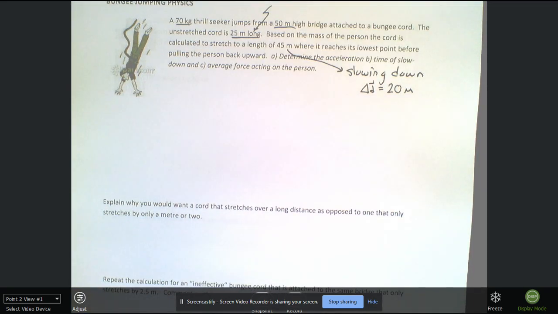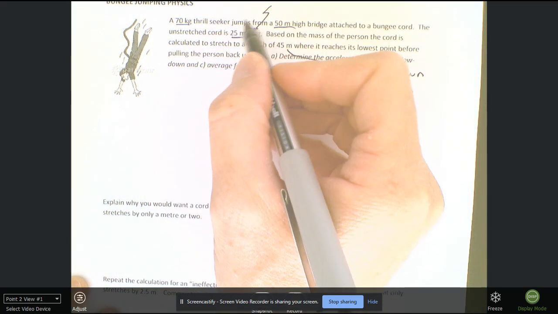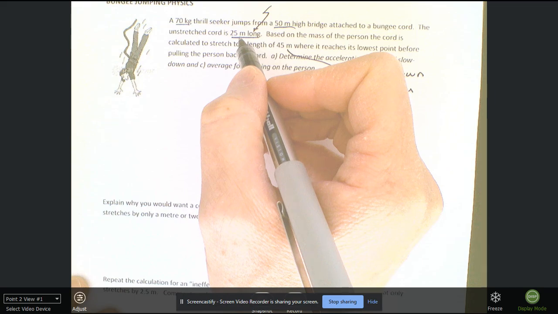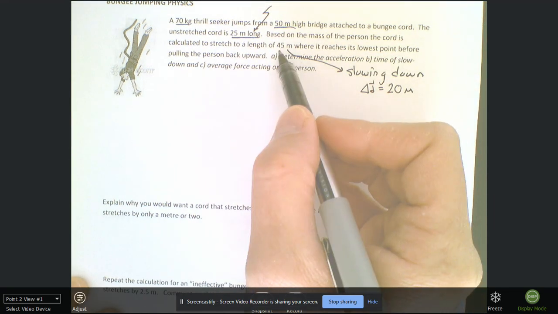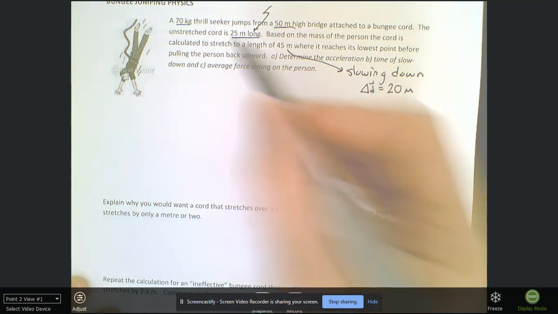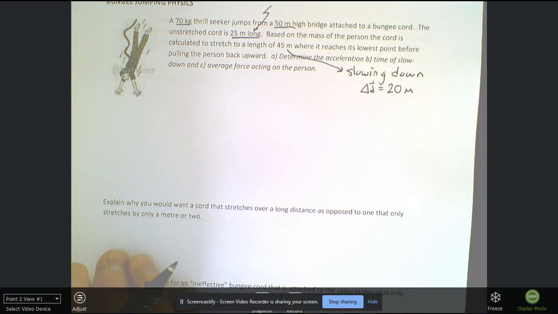Okay, so just like the previous question, assume that he drops from no speed for 25 meters of distance. How fast is he going at that point? Then it stretches 20 meters from there. And so that's his slowing down point. So that's how you can find out his deceleration, or what his acceleration is. And then you can figure out the time and the force as well.